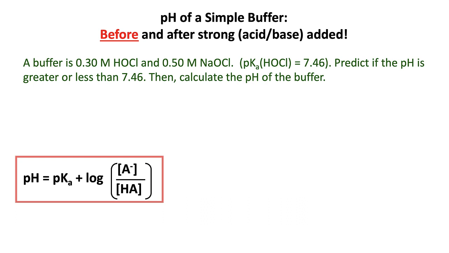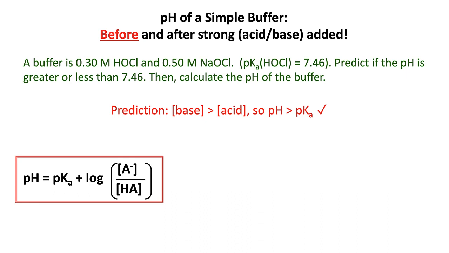All right, so the first thing we want to do here before we get started with the math is to predict if the pH is greater or less than 7.46. And as we look at this, we say, well, it's 0.3 molar of the acid, that's the HOCl, and it's 0.5 molar of the NaOCl, and that's the base, because again, the sodium-containing compound really just has the anion, which in this case is OCl-.